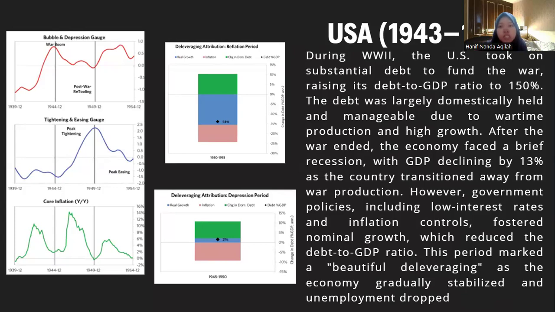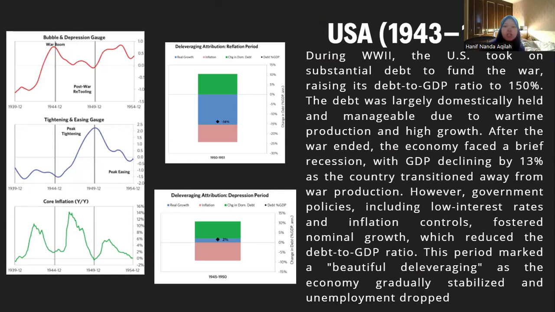During World War II, the US took on substantial debt to fund the war, raising its debt to GDP ratio to 150%. The debt was largely domestically held and manageable due to wartime production and high growth. After the war ended, GDP declined by 13% as the country transitioned away from war production.